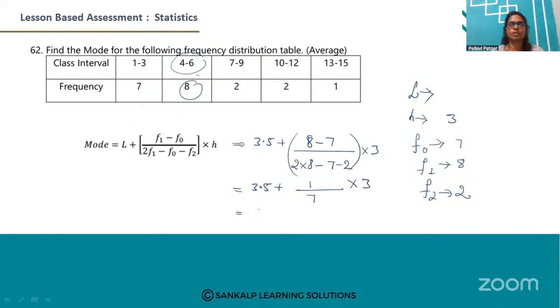So this is equal to 3.5 plus 3 by 7, which is 3.5 plus 0.4285, equal to 3.928. So therefore, the mode for the given frequency distribution table is approximately 3.928.